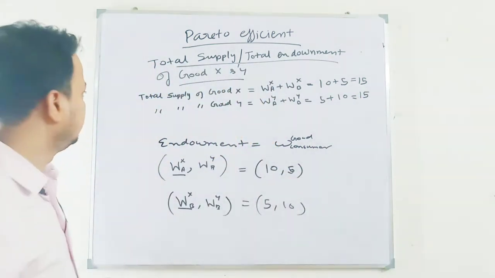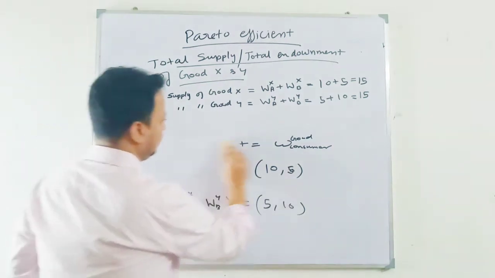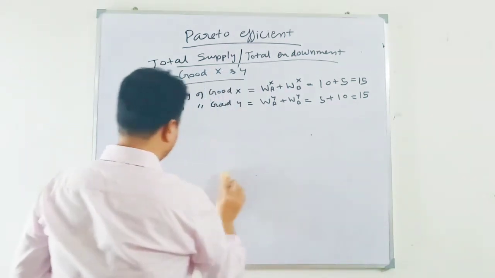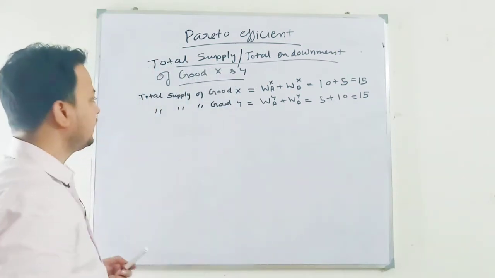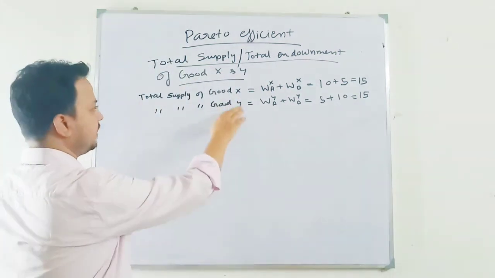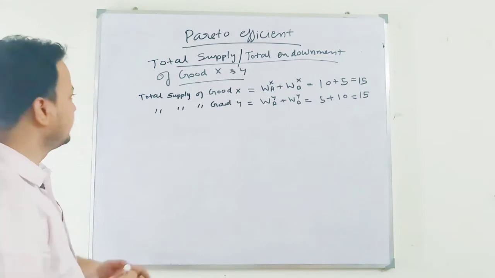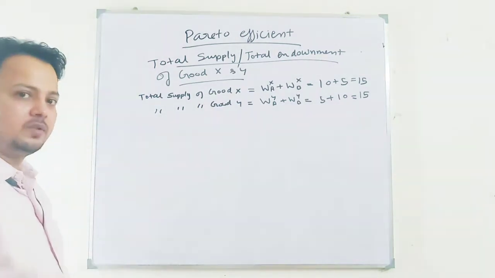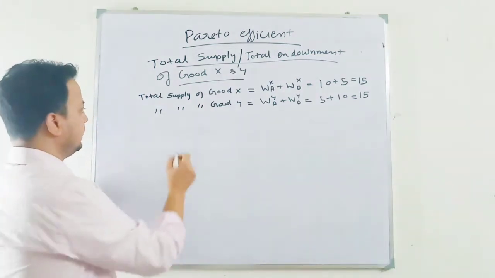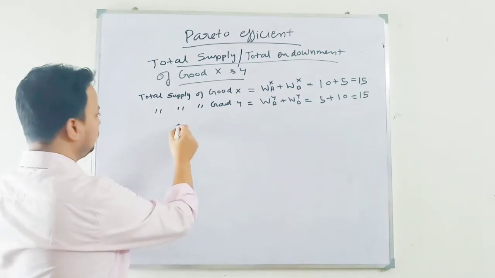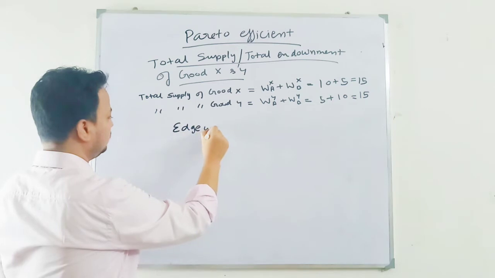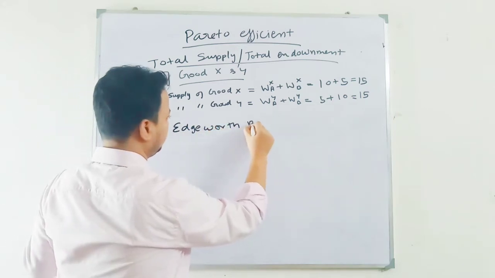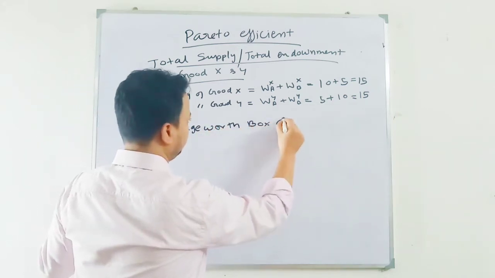Now I know how much I have of good X and good Y, the total supply. Next, what I am going to do is draw the Edgeworth box diagram.